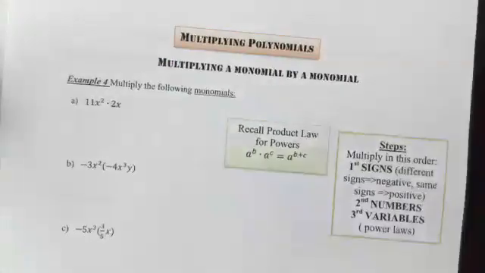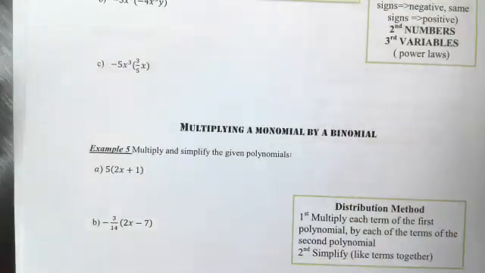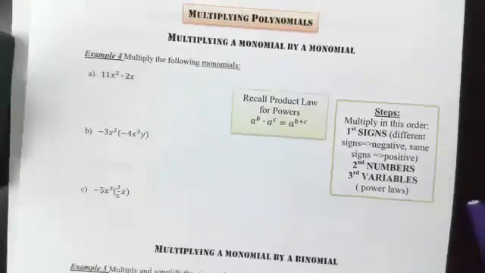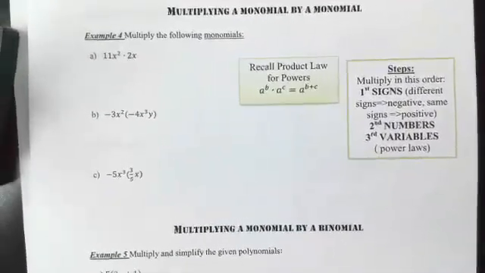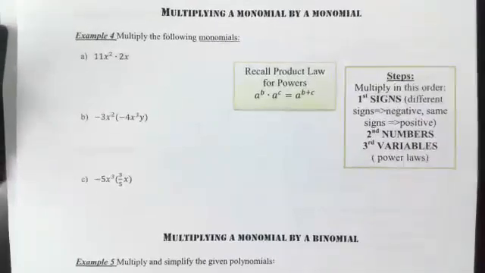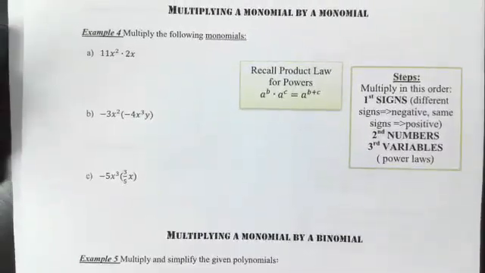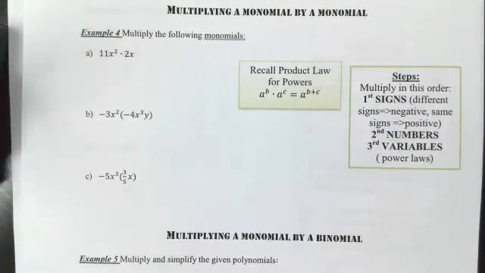Okay, so that was addition, subtraction, simplifying the like terms. We're moving into multiplying a monomial by a monomial. For this little exercise, you need to remember the product law for exponents. That's way back to grade 9.